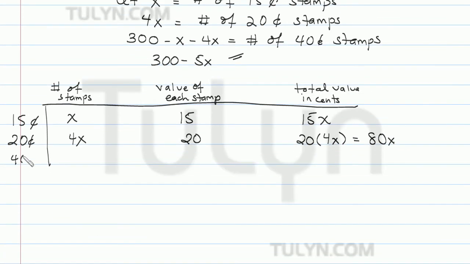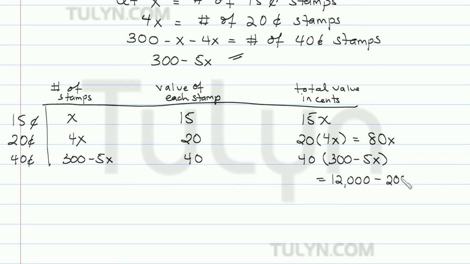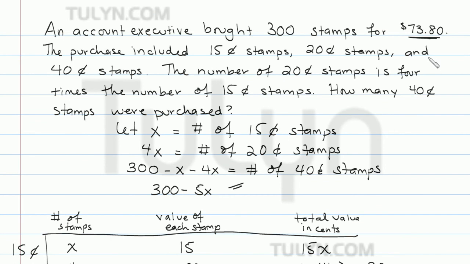And for the 40-cent stamps, there are 300 minus 5x of these, worth 40 cents each, so the total value in cents is 12,000 minus 200x.